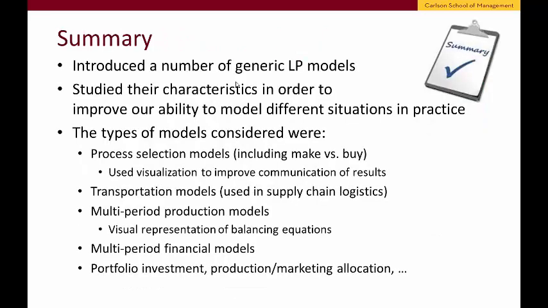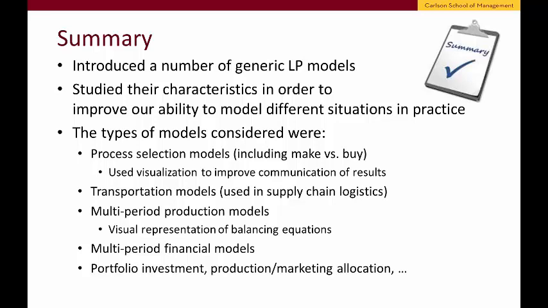Finally, the summary slide. In this series of videos, we introduced a number of generic linear programming models, as well as the set of standard linear constraints that appear in these models. We studied the characteristics of these models in an effort to improve our ability to model similar problems in the future. The rest of the slide describes the four types of models that, in addition to the basic product mix discussed in chapter 13, represent a decent cross-section of linear programming models that can be adopted to a number of different situations.